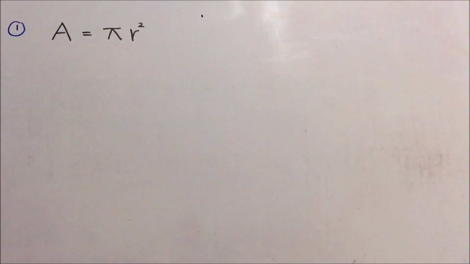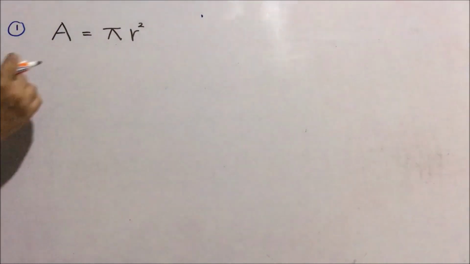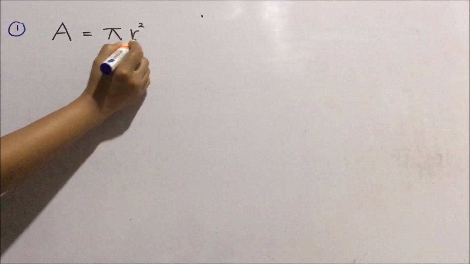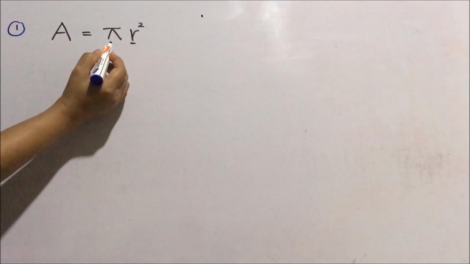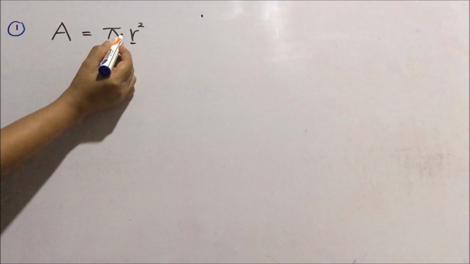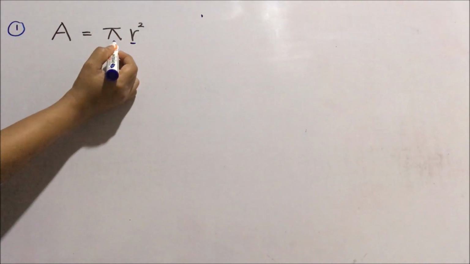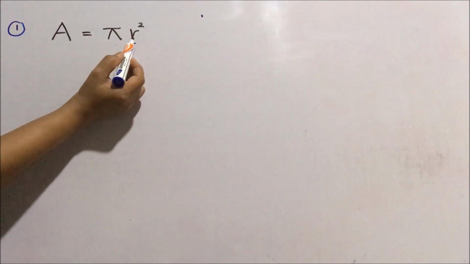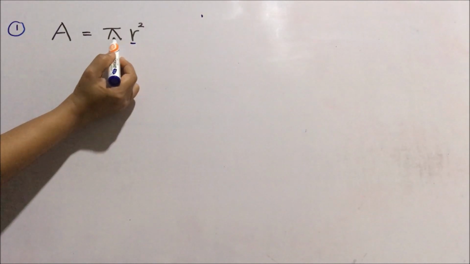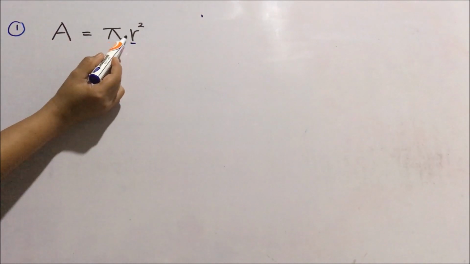A equals 5r squared. Let's make r the subject of this formula. For that, we need to move everything away from r until r is by itself. First we are going to remove this 5. The mathematical operation between r squared and 5 is multiplication.